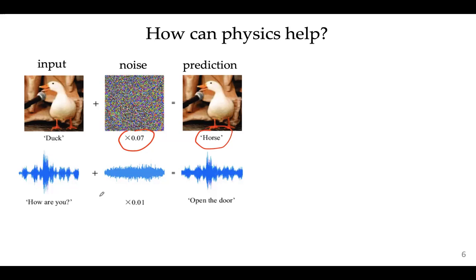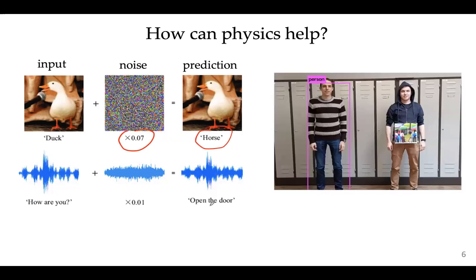The same thing happens with audio recordings. If the audio recording is "How are you?" and there's even 1% noise, then the prediction becomes "Open the door." That's the robustness problem of machine learning models. Another example is that the model can predict the person on the left as a person, but for the person on the right, it cannot.